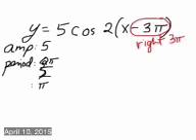When it's inside the grouping symbol, if it says negative 3 pi, it's going to go to the right. If it were to say plus 3 pi, it would go to the left. It always goes the opposite direction the sign says. Okay? So, how is that going to affect it? First of all, did I shift it up or down any? No. So my midline is still the x-axis.